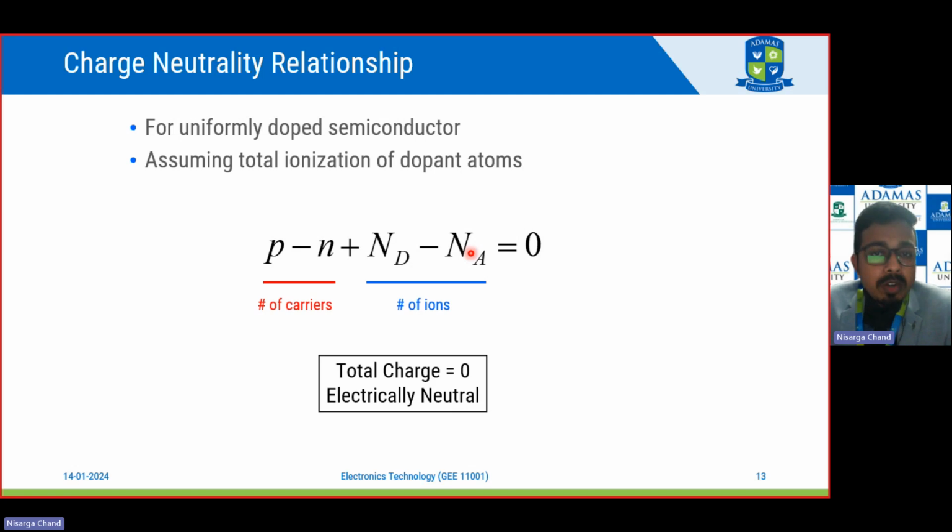So for a uniformly doped semiconductor, assuming total ionization of dopant atoms, the total charge is equal to 0 if you consider the carriers and the ions, the positive and negative charges.